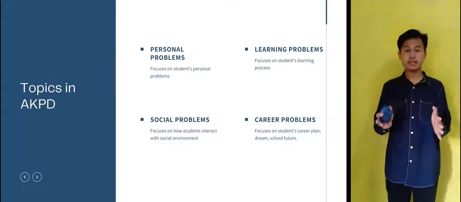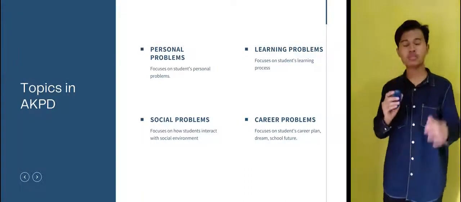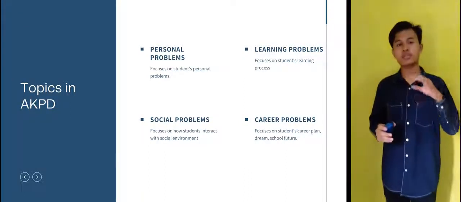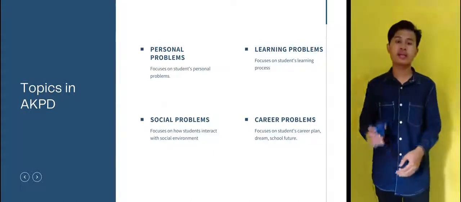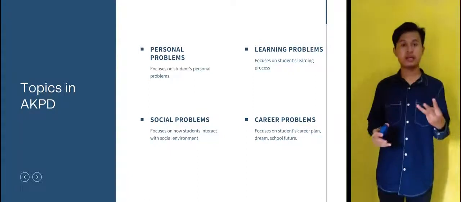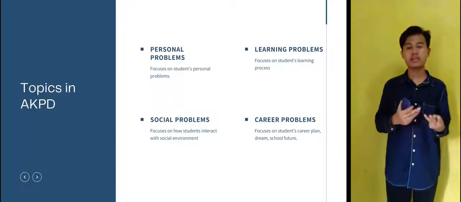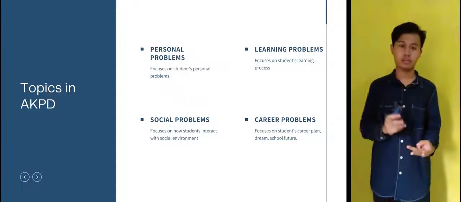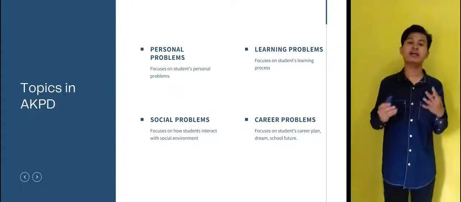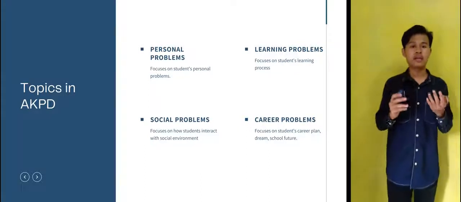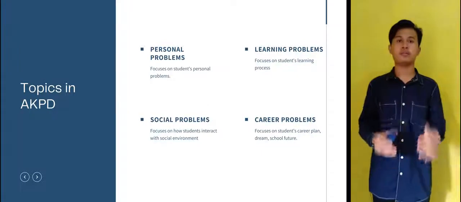And the next is social problems, which focuses on how students interact with the social environment, especially in the school. The third is learning process, which focuses on how students learn or study in the school. And the fourth is career services, which focuses on students' career plans, dreams, or future.